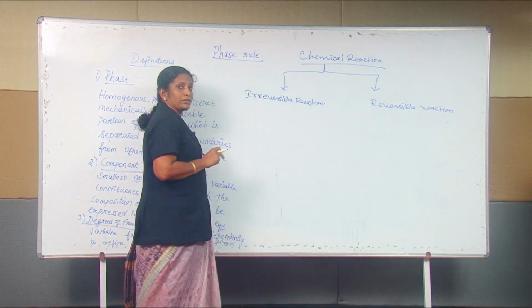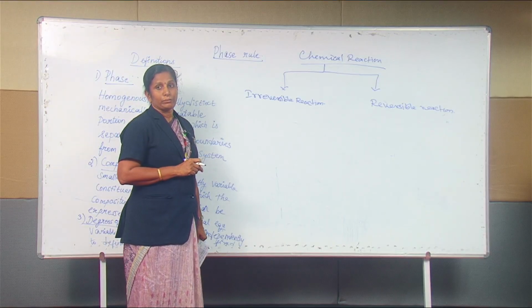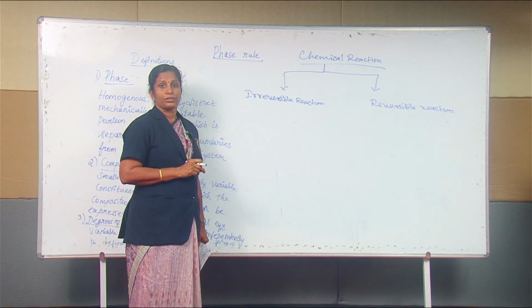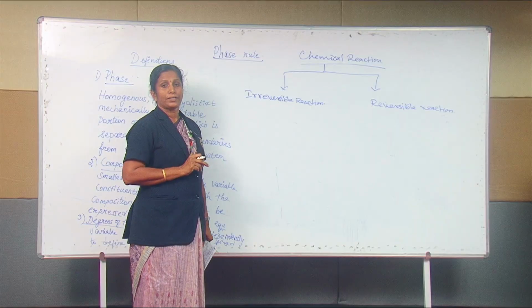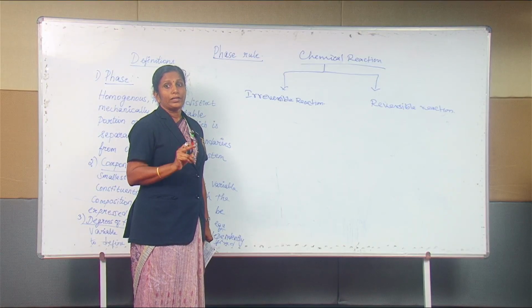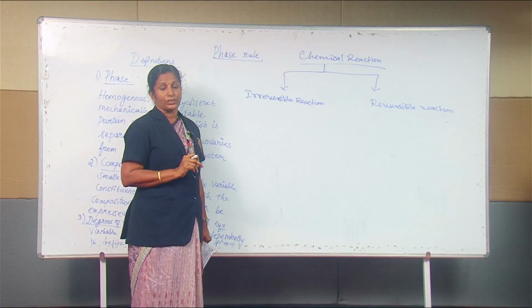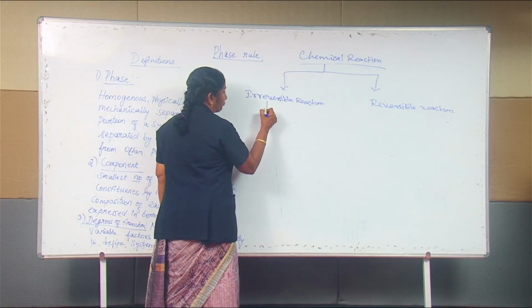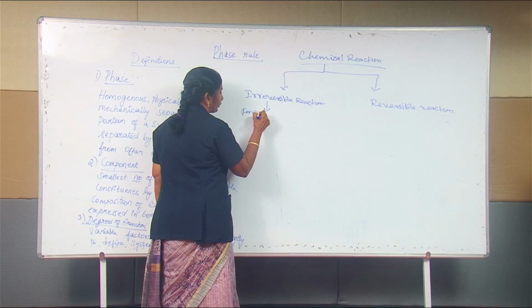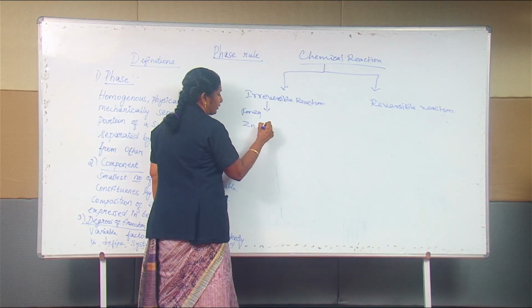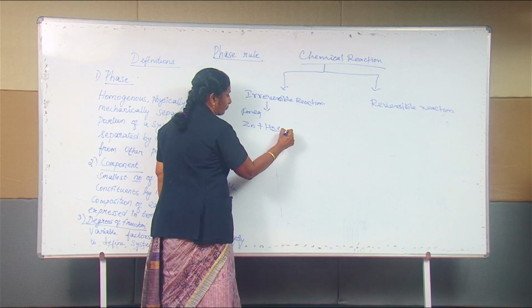First of all, we'll discuss what an irreversible reaction is. An irreversible reaction means the reaction takes place in one direction, the same direction. That is called an irreversible reaction. For example, zinc reacts with sulfuric acid.